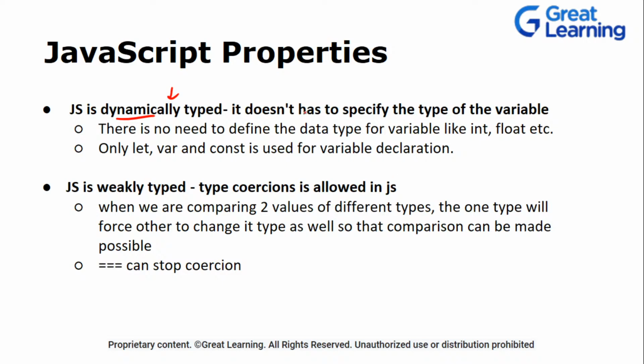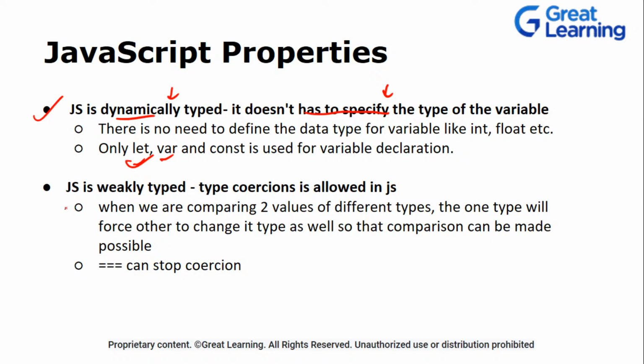You don't have to specify the type explicitly, that this is an integer, this is a float. We will cover those things later when we talk about var, let, and I will also show the scope, I forgot to show the scope. So this is the dynamically typed language.